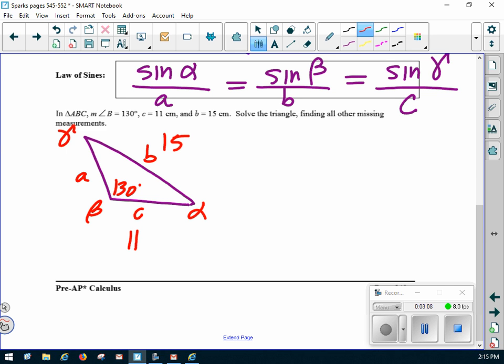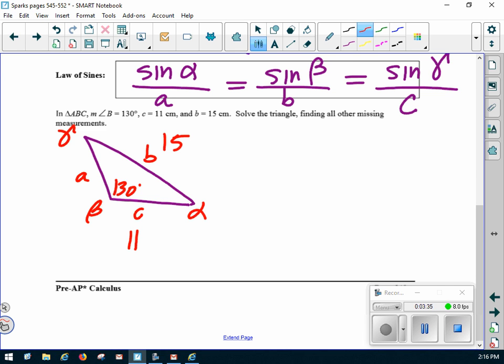We cannot use the Pythagorean theorem because it's not a right triangle. I cannot use a trig ratio because it's not a right triangle. So this is an oblique triangle. There's not a right angle in it. I can use the law of sines. Now, what do you have to know in order to do the law of sines?